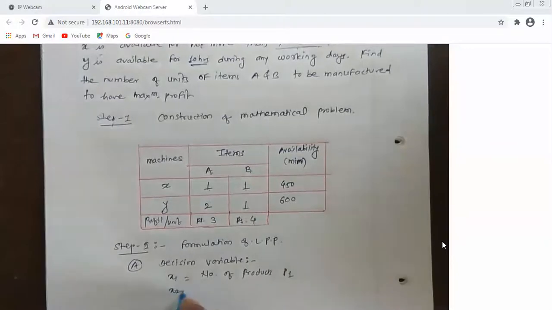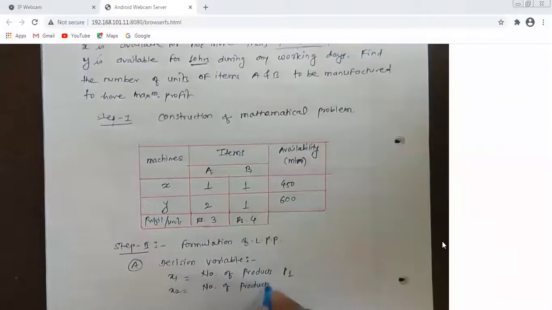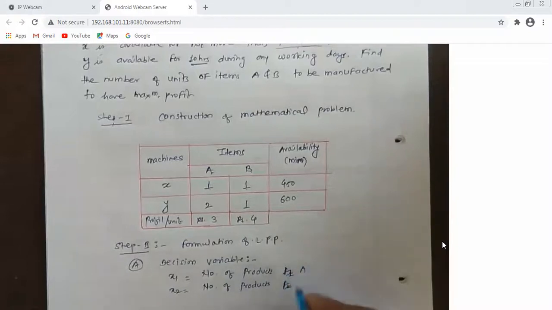Similarly, x2 is the number of products we are going to produce under P2. Or we can directly write A and B: x1 is the number of products that we are going to produce under item A, and x2 is the number of products under B.